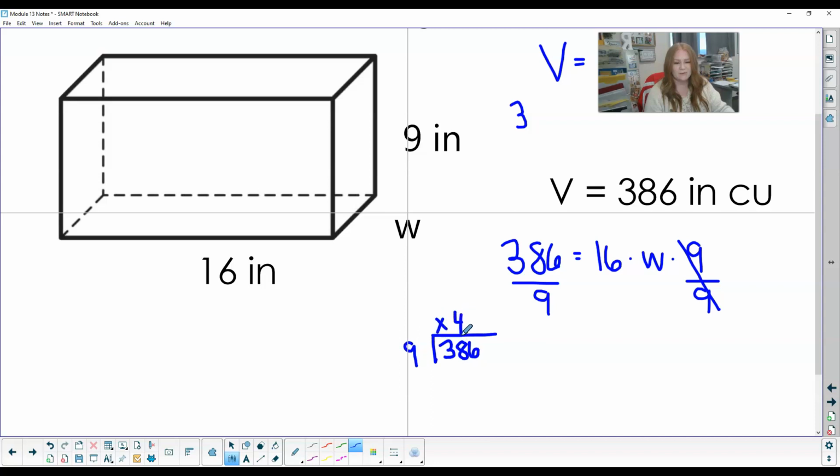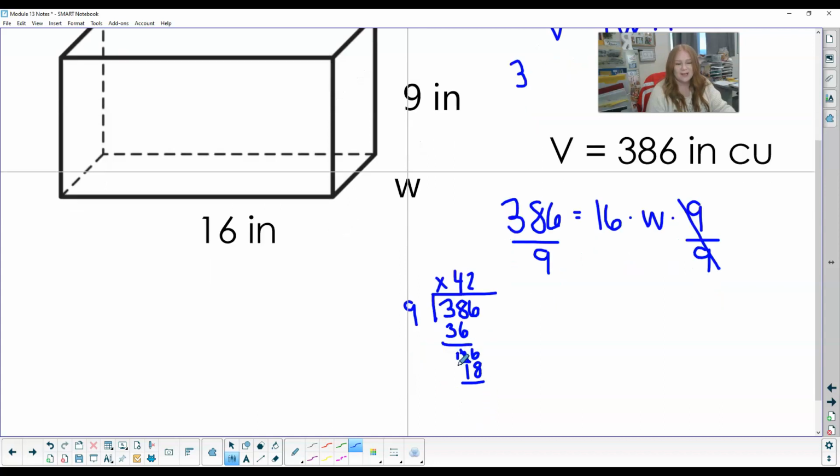So we're taking 386 and dividing by 9. That is 4, 36, 2 left over. Wow, that was too hard. 18, and then we have 8 left over.